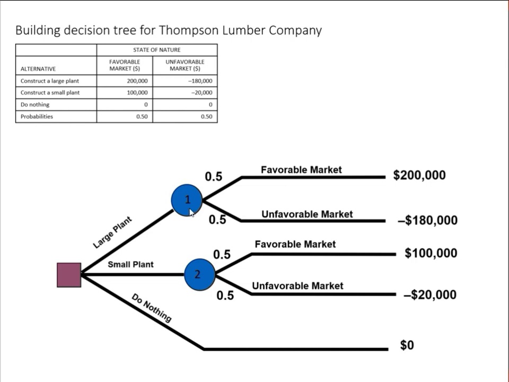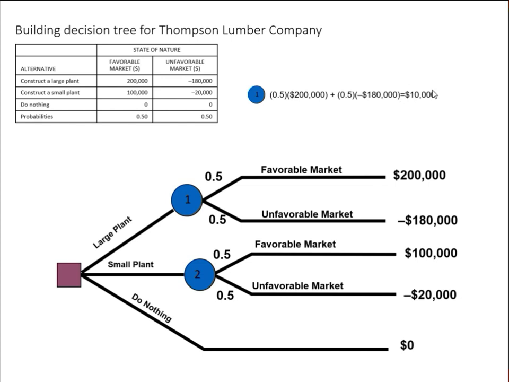So that means the expected payoff from this node going forward is simply the probability times the payoff plus the probability times the payoff. So it writes like here. Okay, so you carry out the calculation, you'll find that the expected payoff is going to be $10,000.